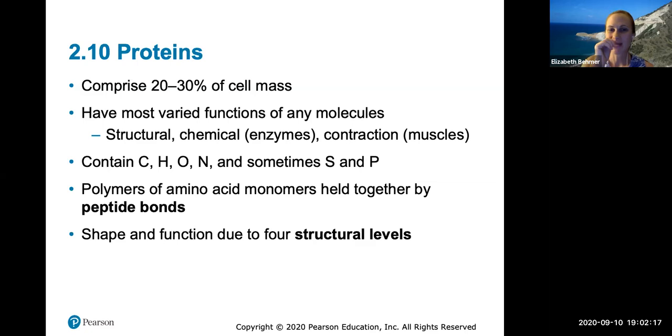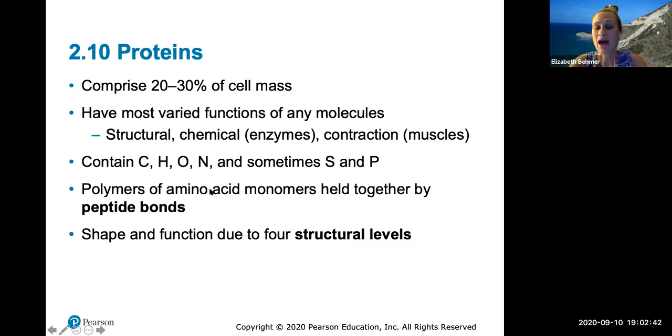Proteins comprise 20 to 30% of cell mass. They have the most varied functions of any molecule. So your proteins will do everything in your body. They'll be important in structural things in your cells. They make up enzymes for chemical reactions, and they'll help the contraction of muscles. So proteins are very diverse.